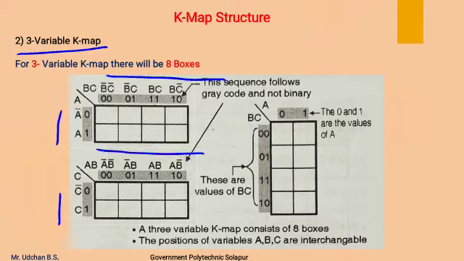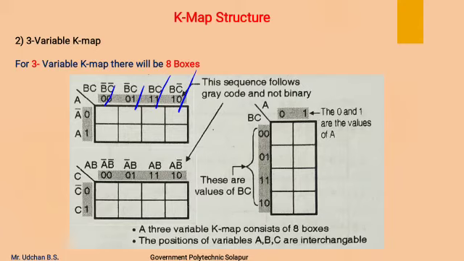And if we see here, when the a variable is taken, the sequence is 0 1, a bar a, and here when the bc variables are taken, the sequence will be b bar c bar, b bar c, bc, bc bar, that is 00 01 11 10.